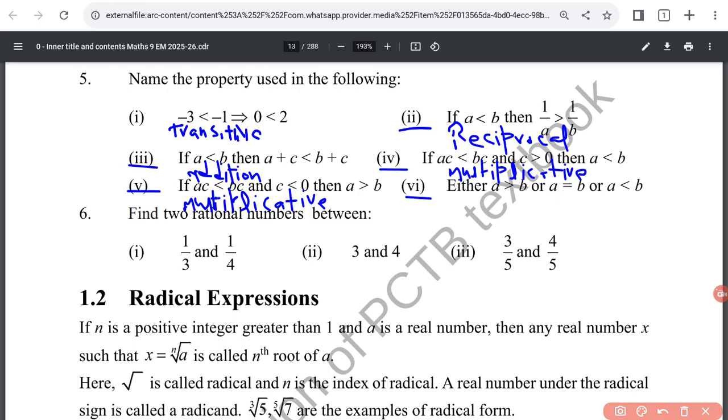If we talk about the next one, that is either a greater than 0 or a is equal to b, or a less than b. So then it is a multiplicative property.